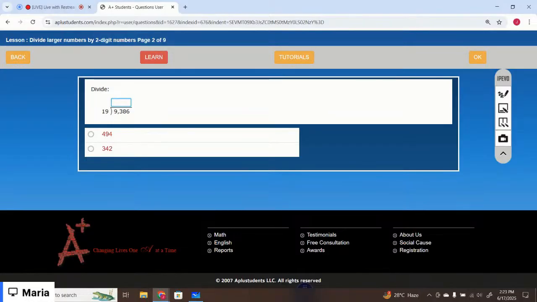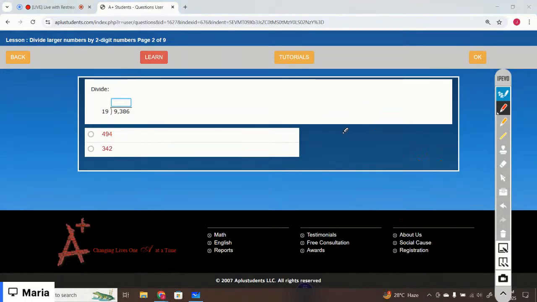9,386 divided by 19. So let's just divide 9,386 by 19. So we can go for 19 times 4, that is 76. So just subtract, 93 minus 76 is 17.